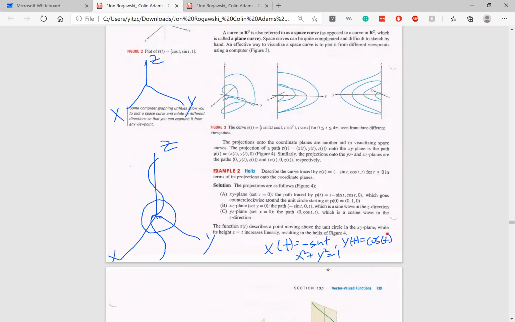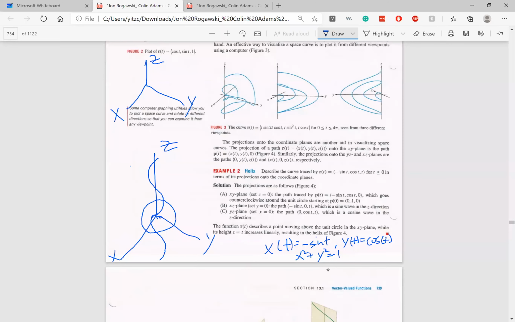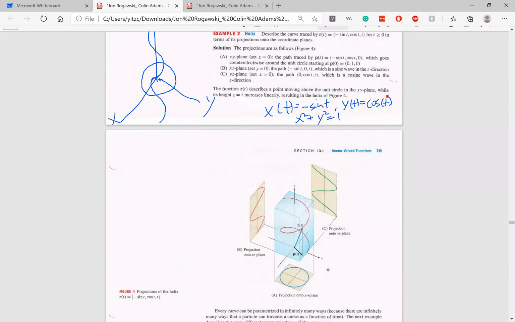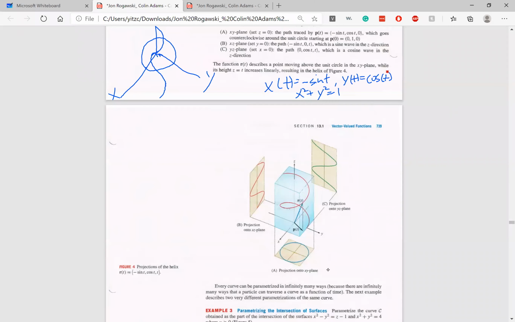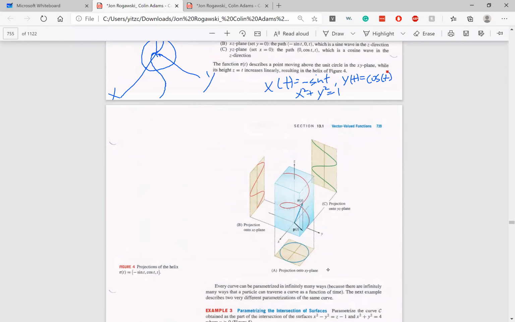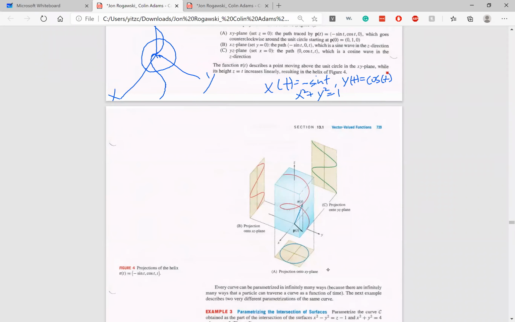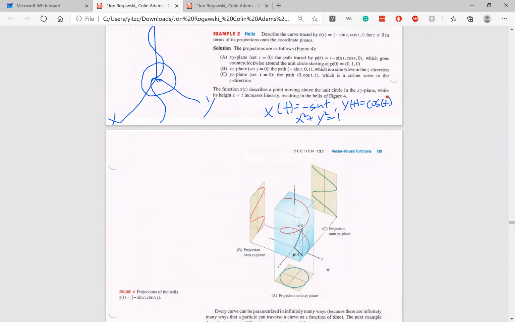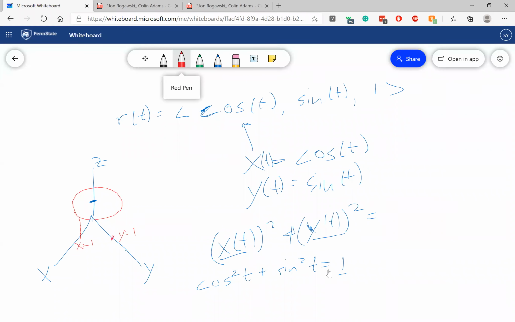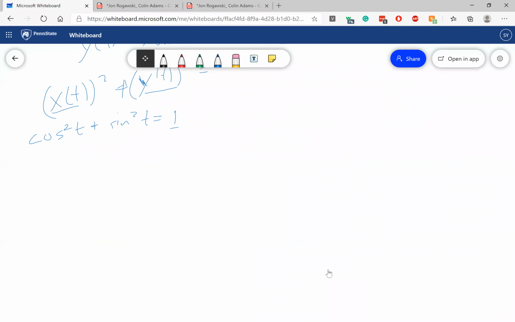It's a little tricky to draw exactly how it would look. But again, you have a circle over here, and in one projection you have your sine, and in the other projection you have your cosine, and all together it is easier to see how this ends up giving you that spiral.